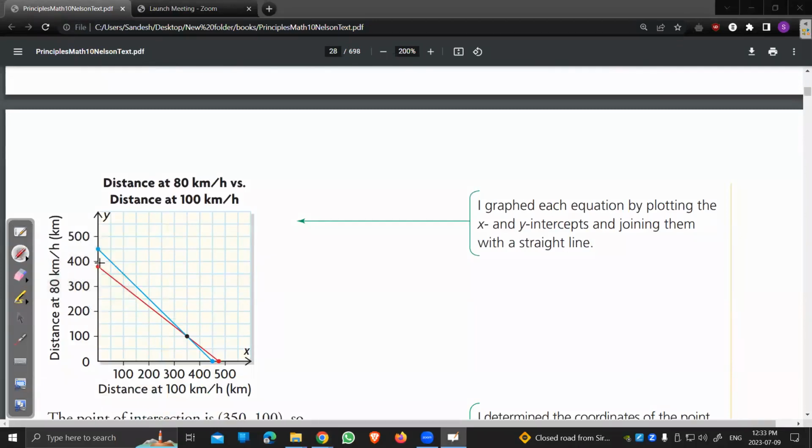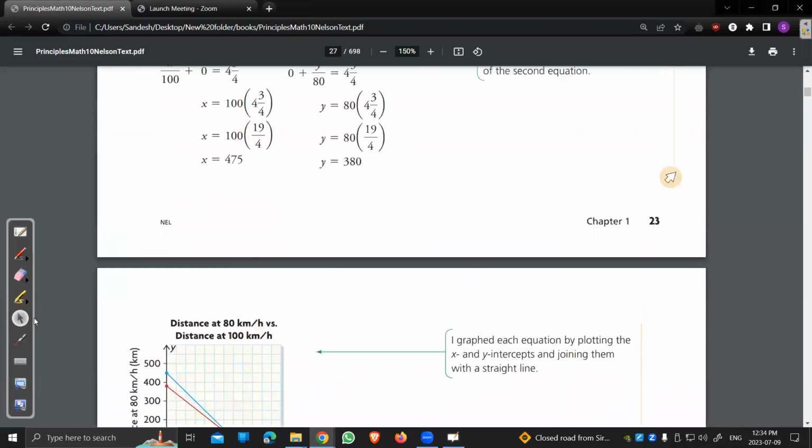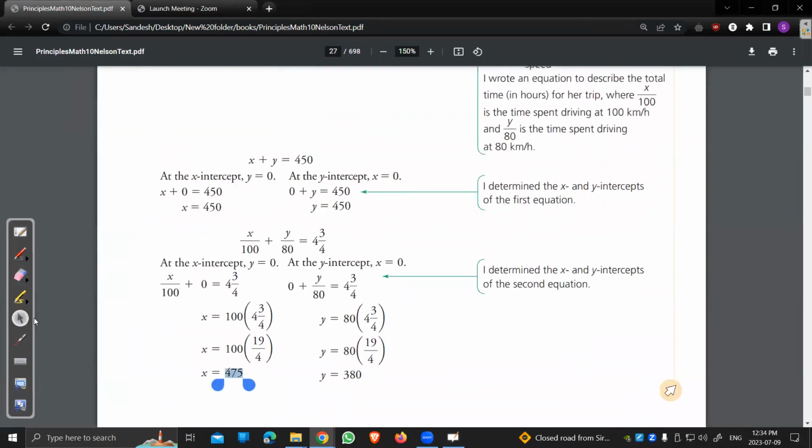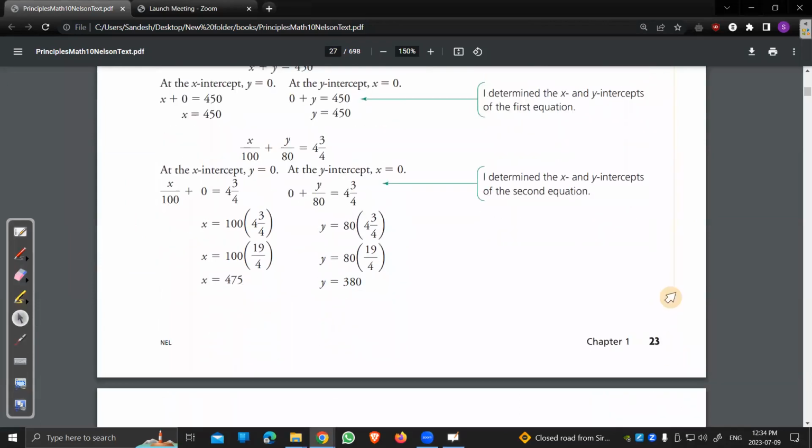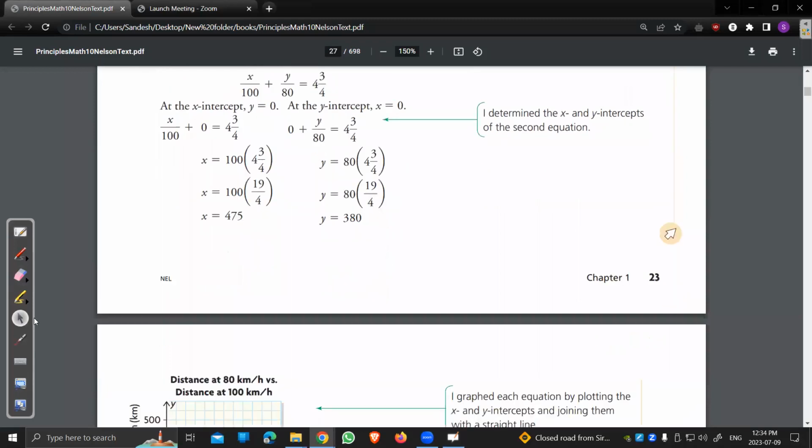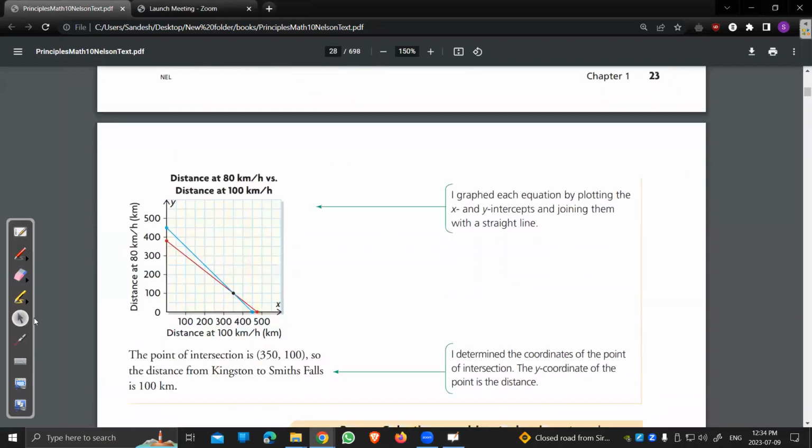I don't know how they did it. They cheated. I'm pretty sure they used a graphing calculator, but doing this by hand is next to impossible because the scale is 50. 380 could be like here, could be like here. So sometimes the graphical approach is not the best, especially when you have large numbers. It's good if you have like 10, 15 or whatever, because 380 is very close to 379, 378. There's no way to quite pinpoint that when the scale is 50.